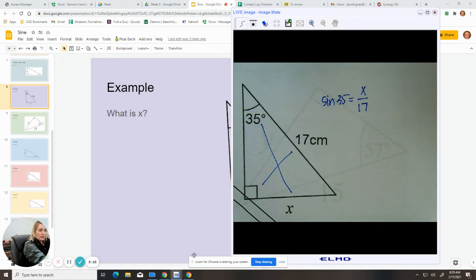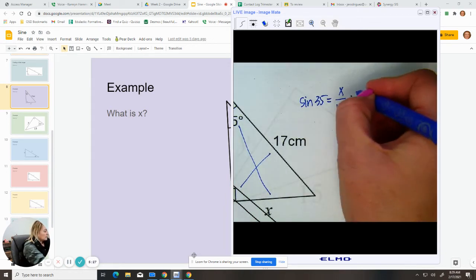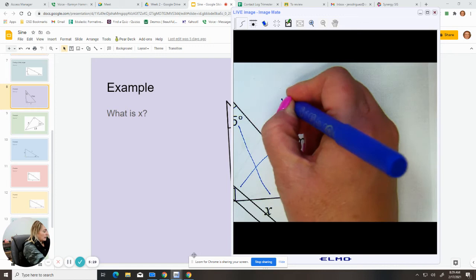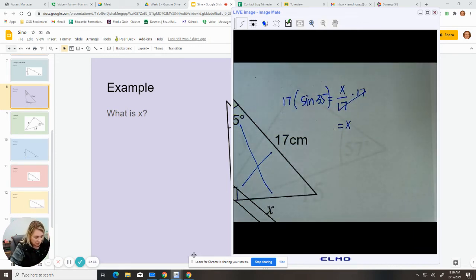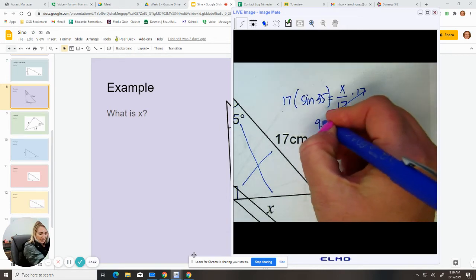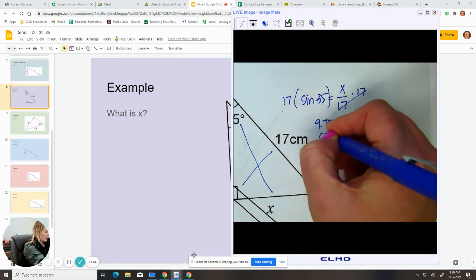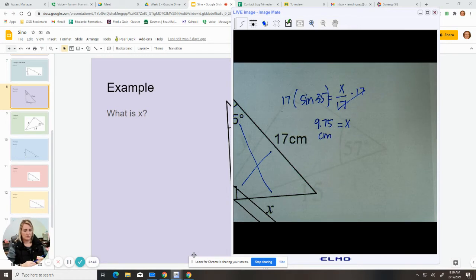And so this one is going to be where you just times both sides by 17 to solve for x. So you get the sine of 35 times 17. And I'm going to round to 2 decimal places. So you get 9.75 centimeters.